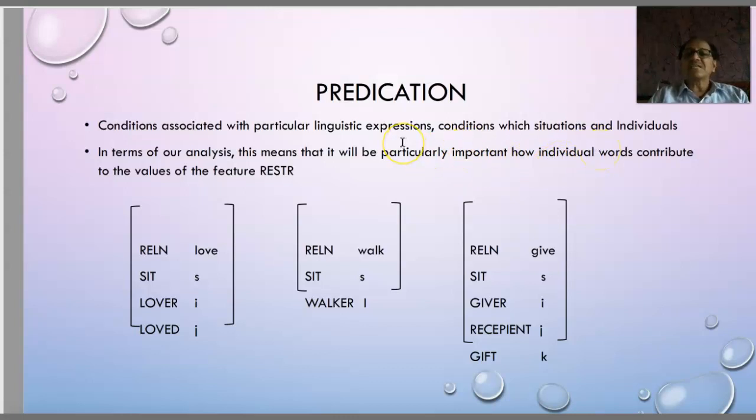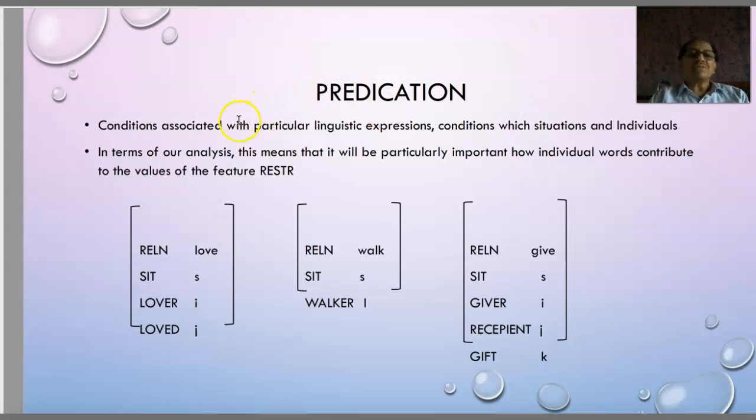So the conditions are basically a list. Right? All linguistic expressions satisfy certain conditions, and those conditions have to be satisfied by the situation or the individuals. Only then does that proposition or question, whatever it is, that utterance basically, become true.